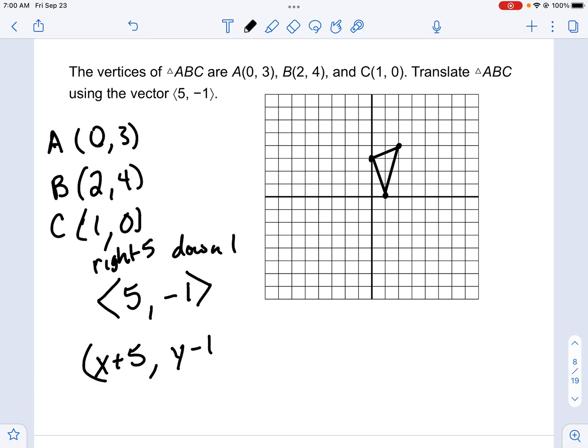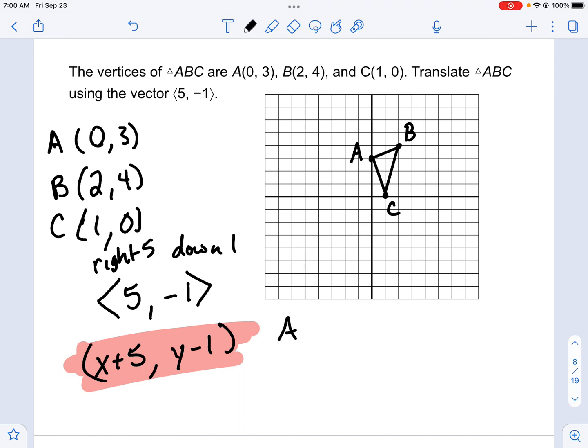I prefer to use this guy just because if I miscount and I accidentally move something like right 4, I'm going to be wrong. Now, whenever you create new points, we use what's called a prime. It's just a little like apostrophe that lets us know how many times we've moved the shape.